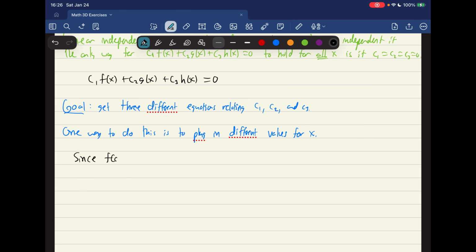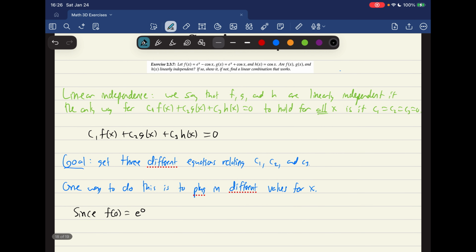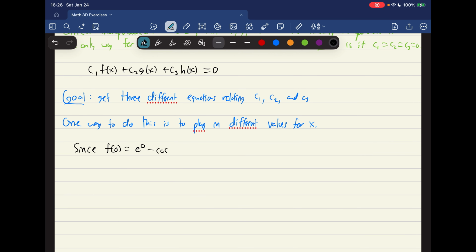So first, let's compute what f, g, and h are all at 0. So f at 0, by what I just calculated, is 0. G of 0 is e to the 0 plus cosine 0, which is 1 plus 1, which is equal to 2. And h of 0 is just the cosine of 0, which is 1.